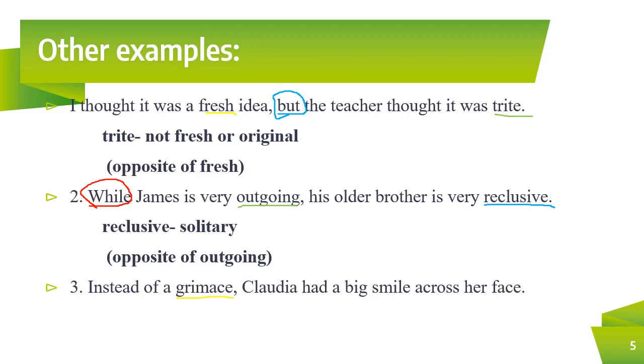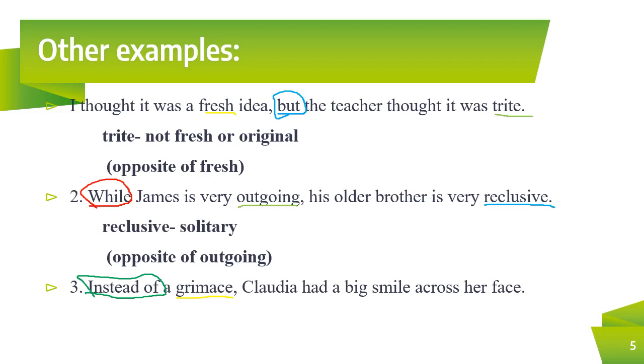Okay, so the phrase that is being used to signify antonym is instead of. Very good. So, we already have four words. Okay, we have unlike, but, while, and instead of.